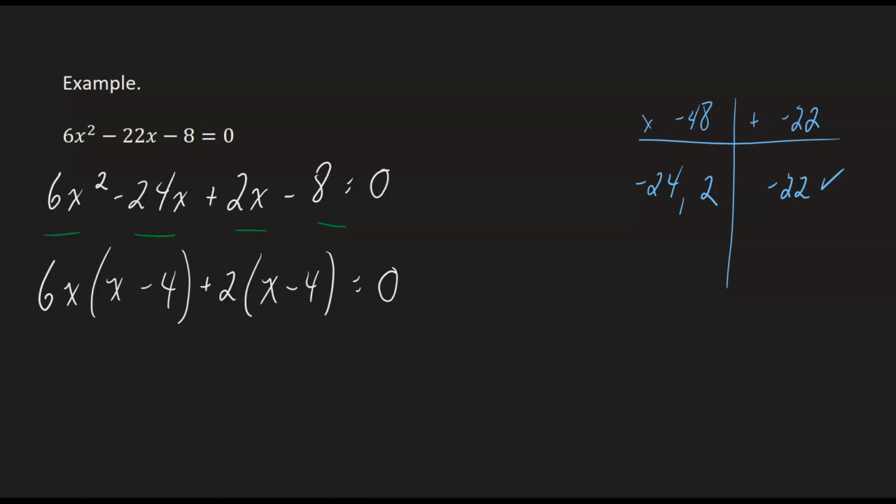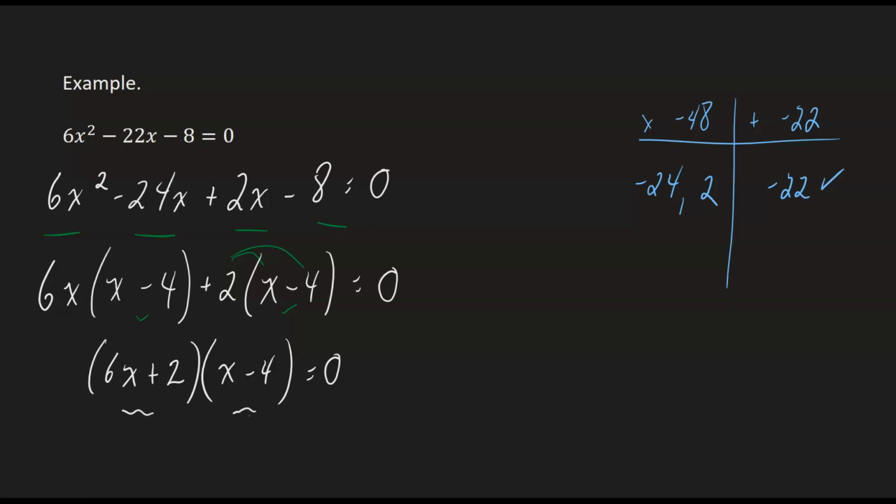We always check to see that we have the same thing in both brackets. And you can double check when you do the distribution that you get the 2 terms above. But anyway, my 2 brackets are 6x plus 2 and x minus 4. That all equals 0. So this is just like factoring that we did before. Now we use these factors.